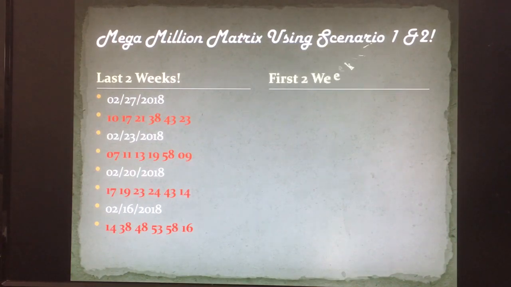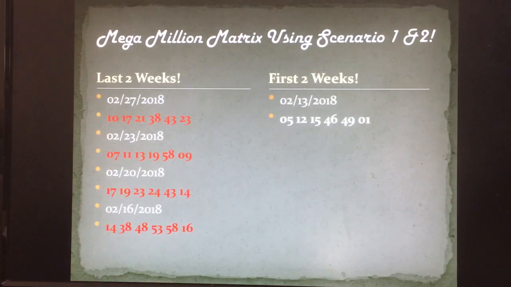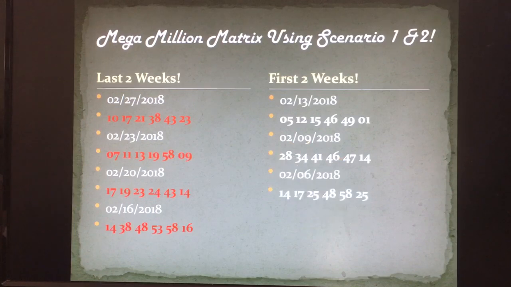And let's look at the first 2 weeks of the Mega Million results. The white results are numbers that haven't hit scenario 1 or scenario 2, and only 1 draw has hit scenario 1 or scenario 2.